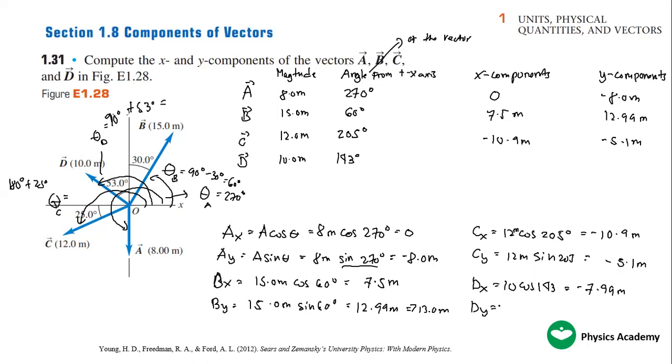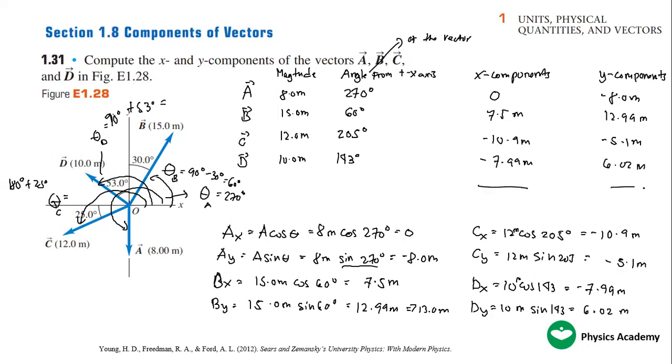And for Dy, don't forget the meters, we have 10 sine of 143, which is 6.02 meters. So we have negative 7.99 meters and 6.02 meters.